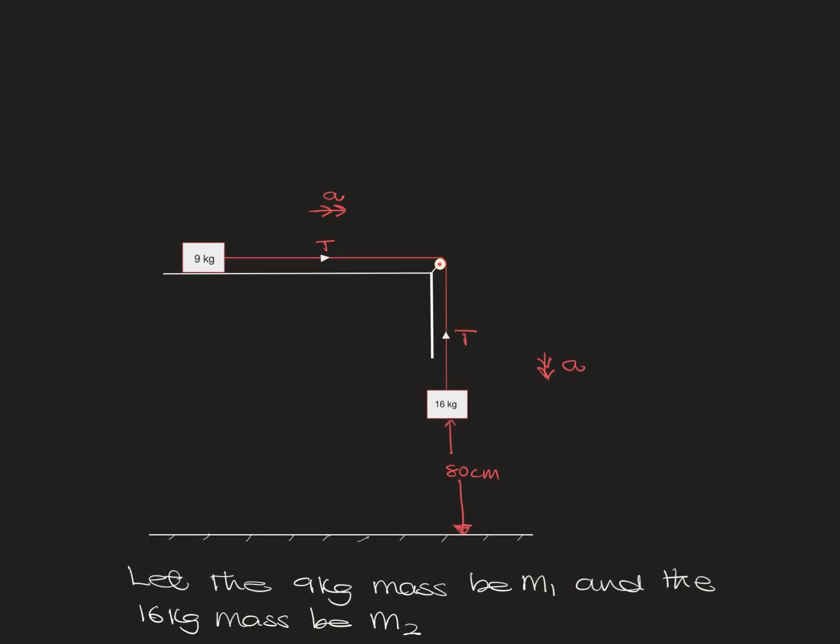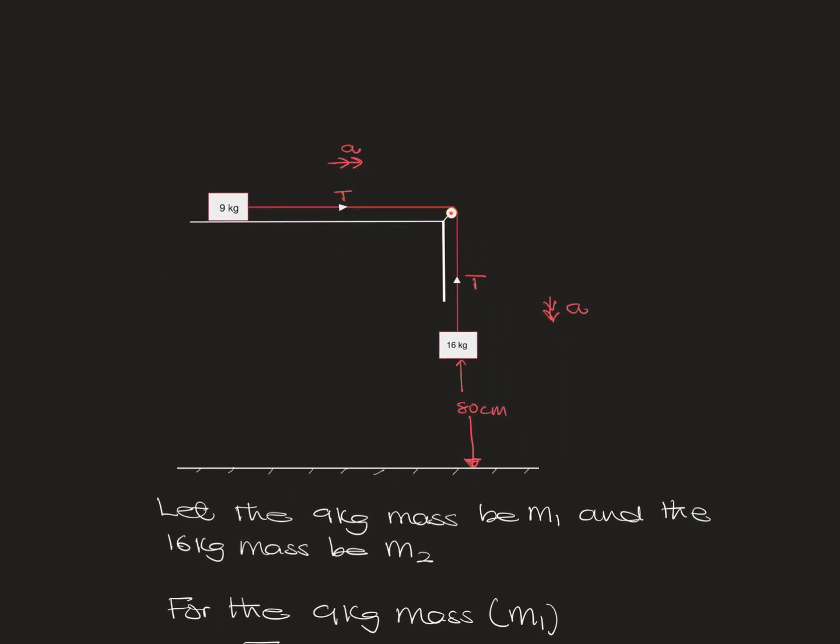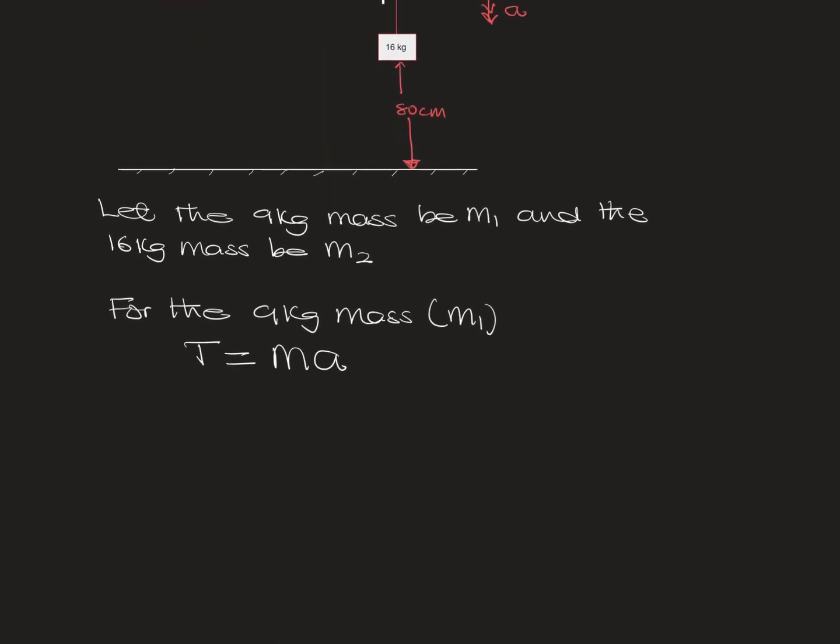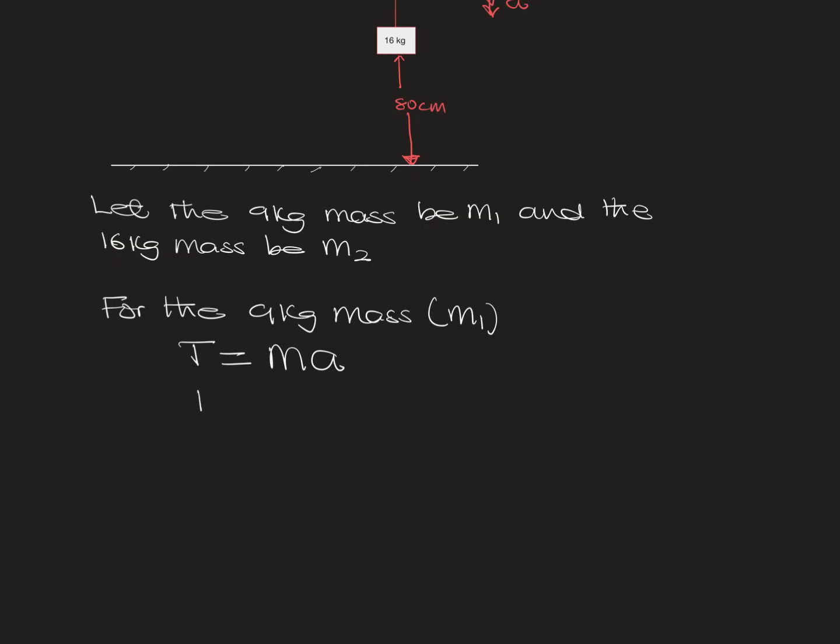This is because the only horizontal force that can cause the 9 kilogram mass to accelerate along the table is the tension. So tension is equal to M1A, which is 9 times A. Tension is equal to 9A. We can call this equation 1.